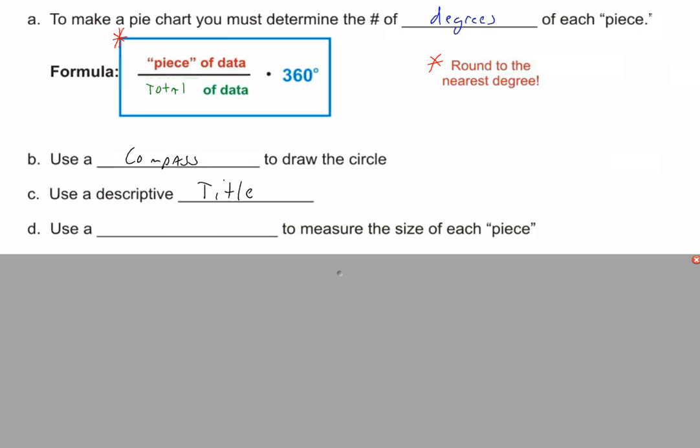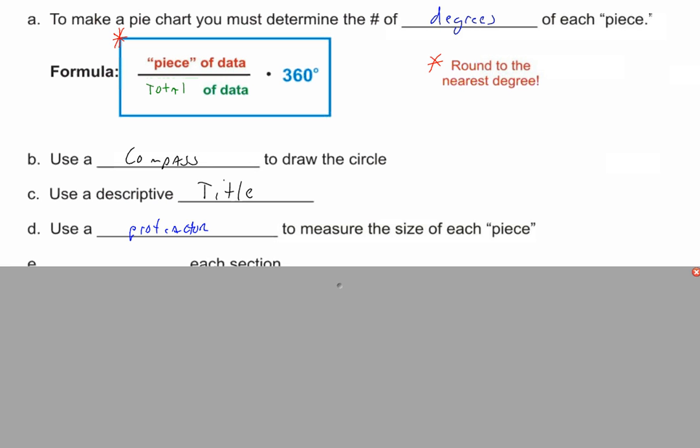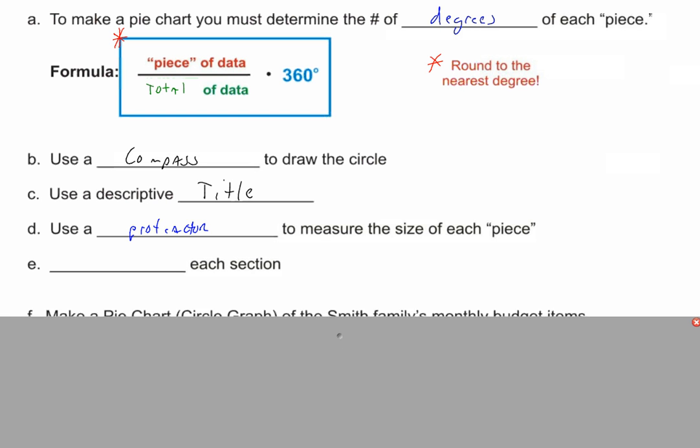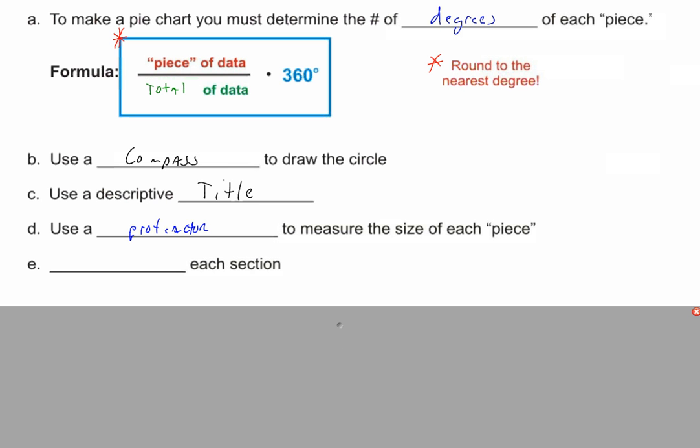That's important. Next, use a protractor to measure the size of each piece. Use a protractor, not a John Deere tractor, but a protractor to measure the size of each piece, and then E, label each section.